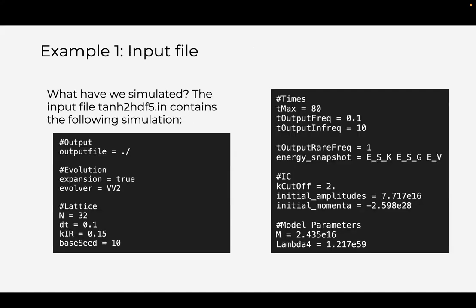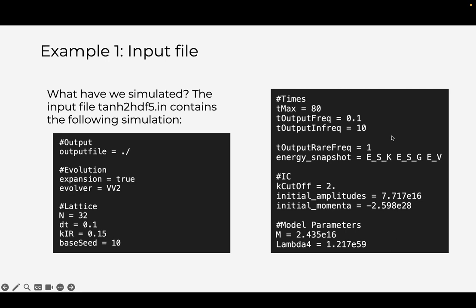So what have we simulated? In the input file, we have a simulation with 32 points, which should be feasible for you to do on your own computer, presumably on your laptop or notebook. We've run it until a Tmax of 80.